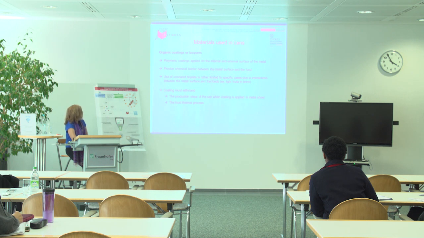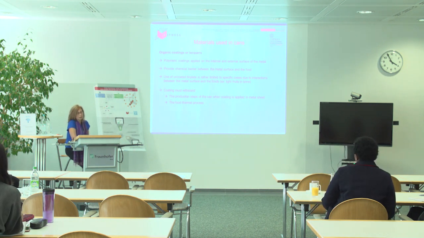Then the organic coatings or lacquers, that's the 4th component. It's a polymer type that is applied on the internal and external surface. Plastic is really important because even in metal, even in glass, we have somehow some polymeric applications. So it provides a chemical barrier between the metal surface and the food.